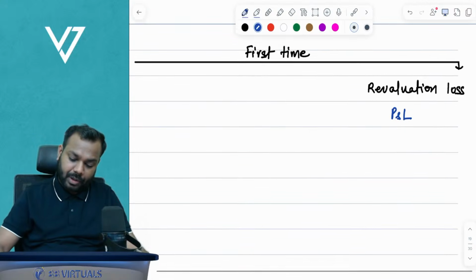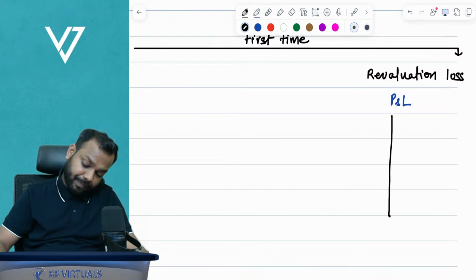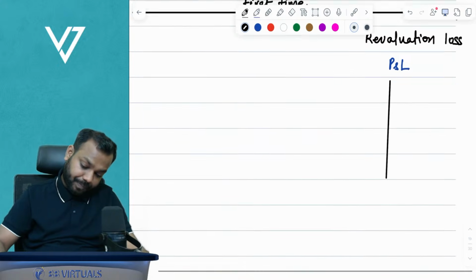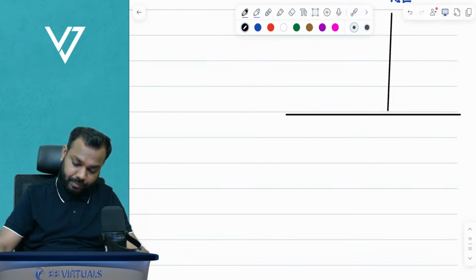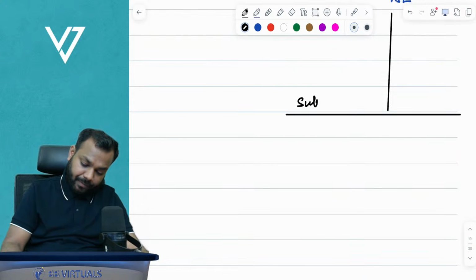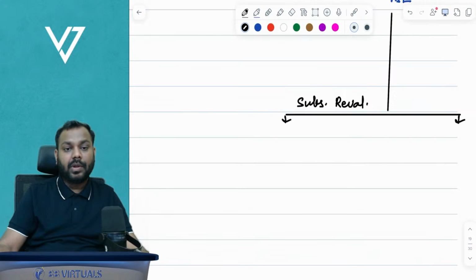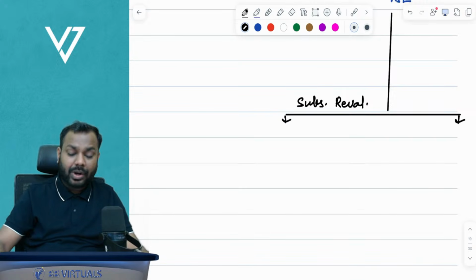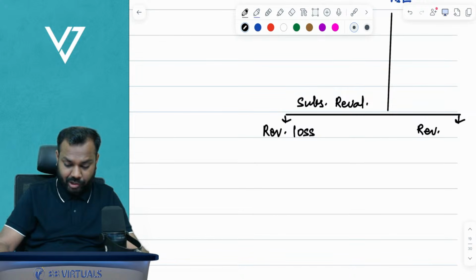Okay, now what about subsequent revaluation? Subsequent revaluation. So what about subsequent revaluation? There can be a revaluation loss. There can be a revaluation gain.